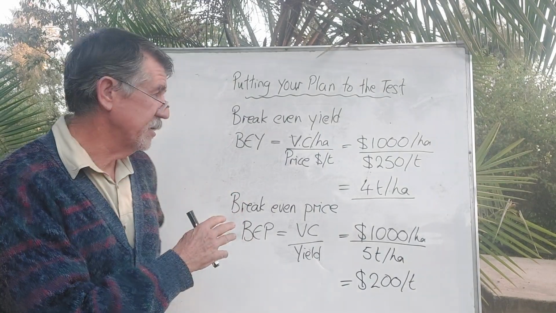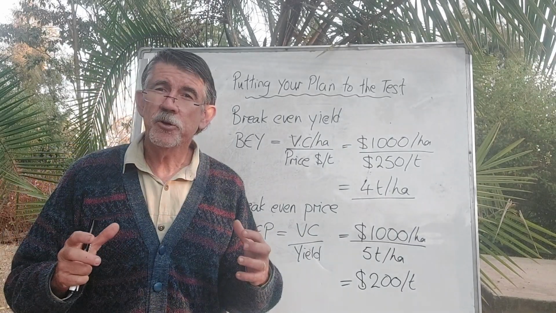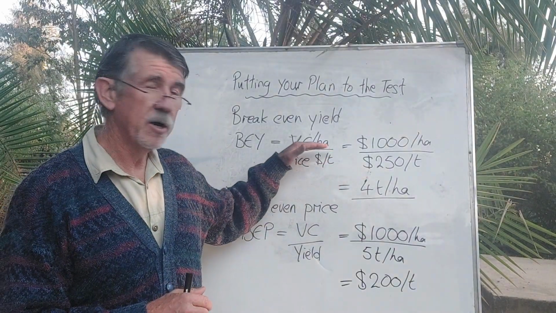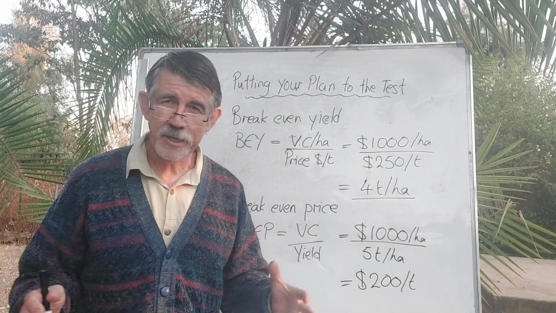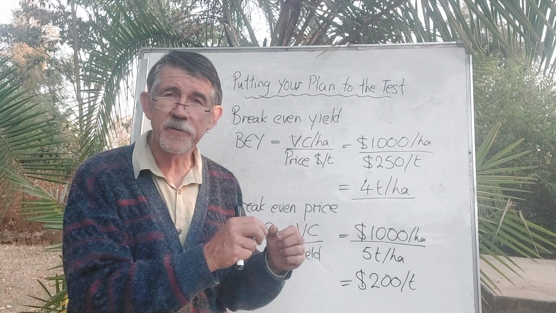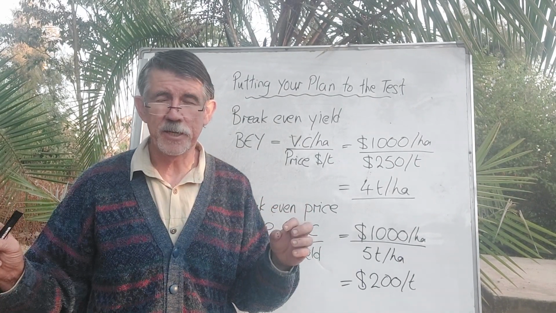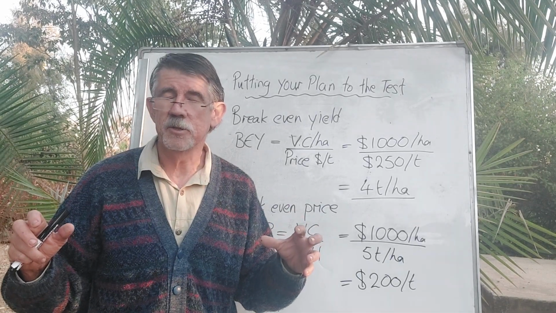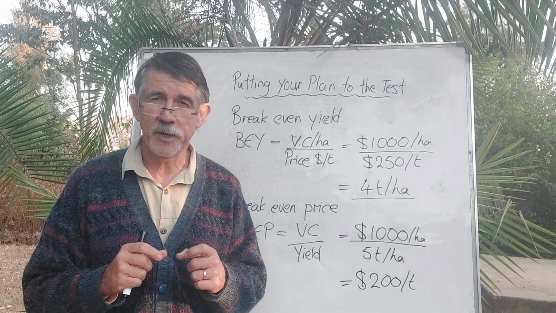Now this doesn't take into account overhead expenses. If you only had one enterprise on the farm, you can add your overheads into this equation. But if you've got multiple enterprises on the farm, it's a little bit difficult to allocate those overheads to the different enterprises. And so it's usually better then to just work out your break-even analysis on each enterprise.